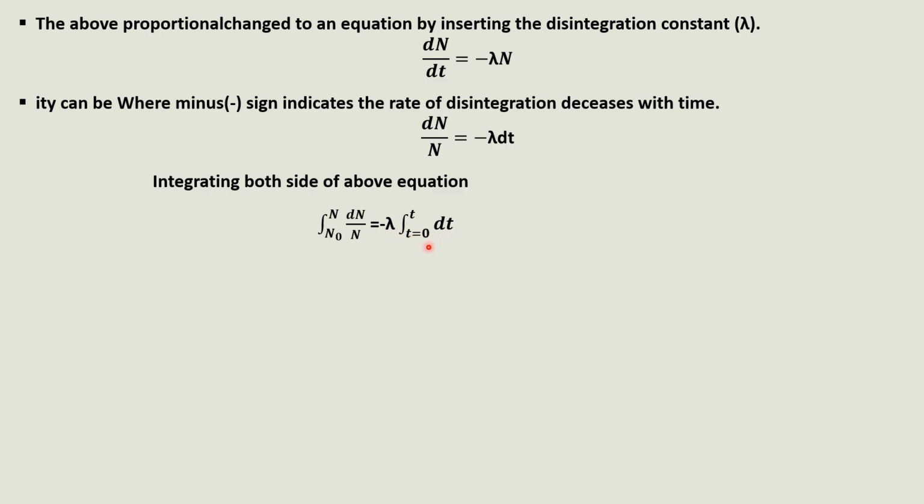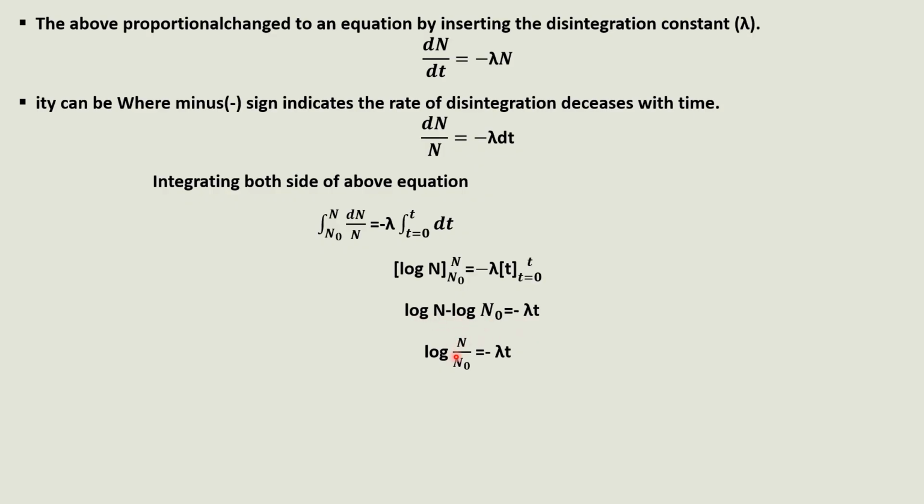Minus lambda is outside of the integration because it is constant. So the integration of dN by N is log N with limits N naught to N, equals minus lambda t, with limits 0 to t. So log N minus log N naught equals minus lambda t.